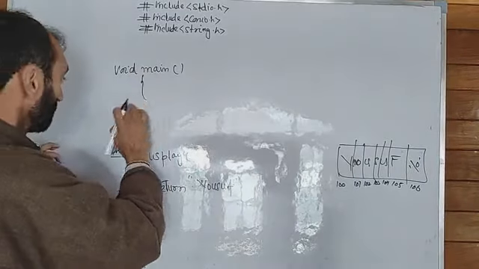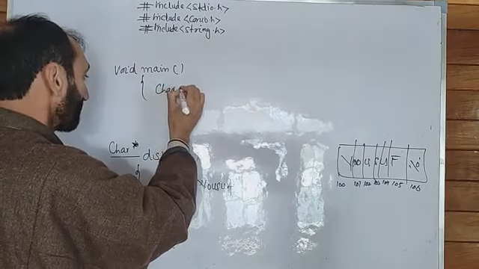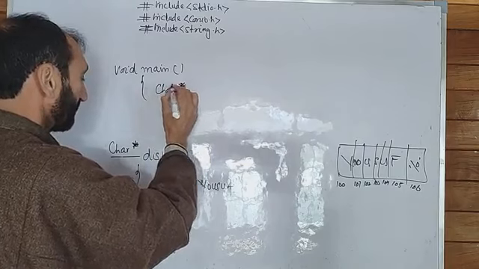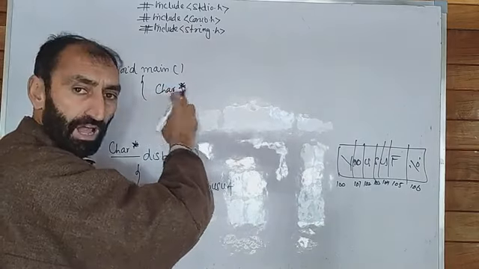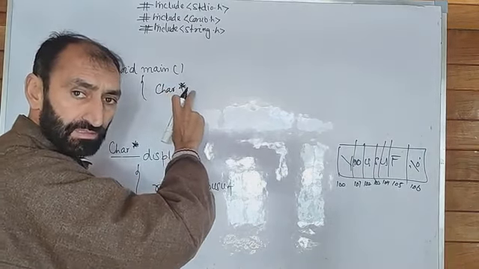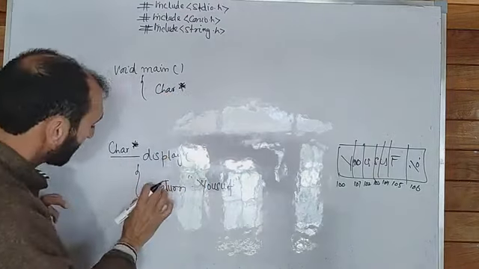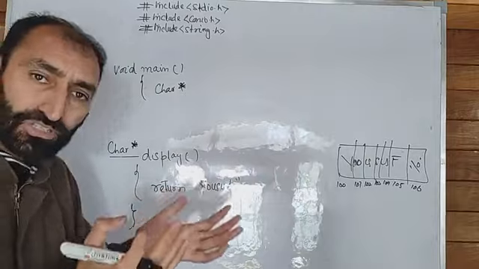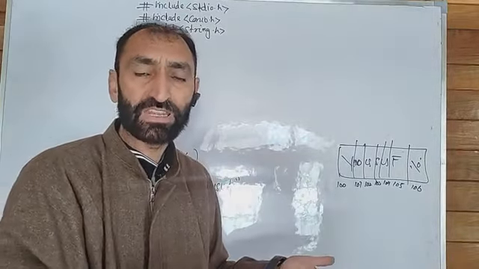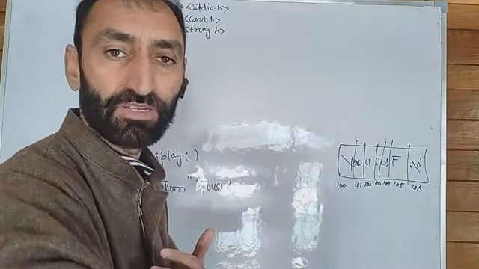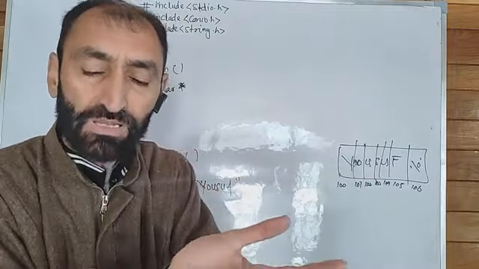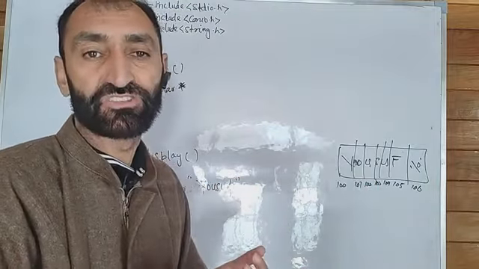In the main function, we also declare a variable of pointer type, because an address is returned. Pointers are special variables which store the addresses of other variables.